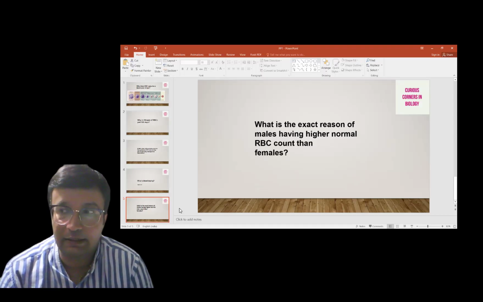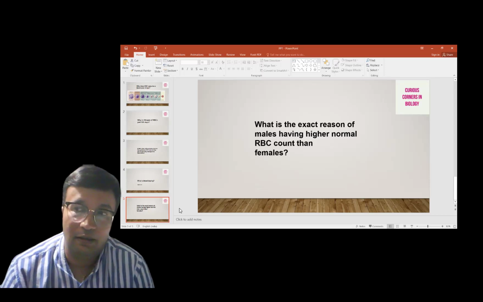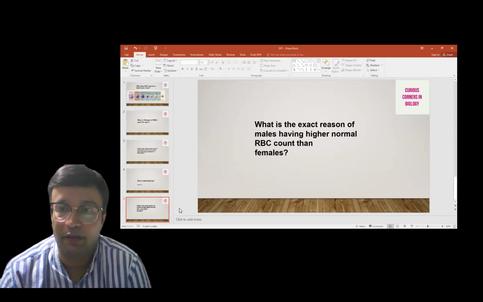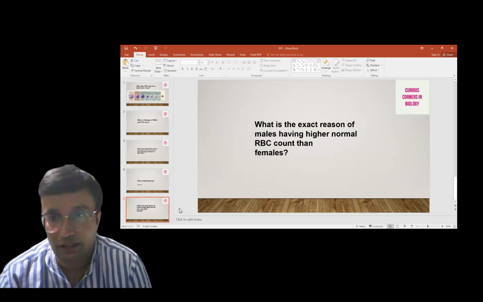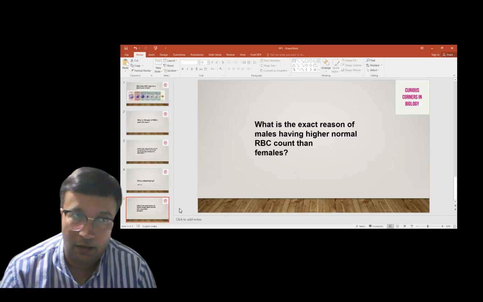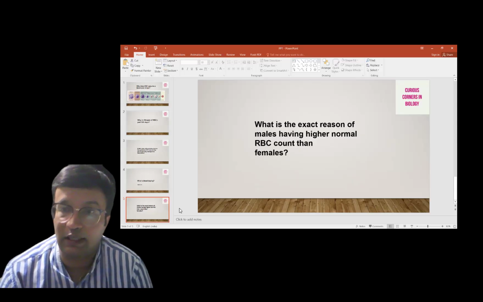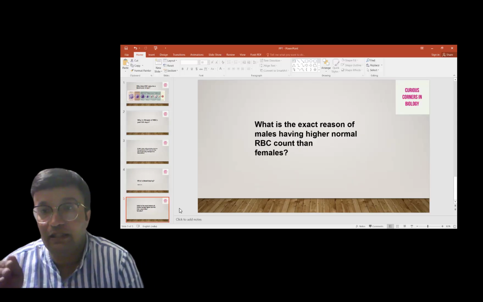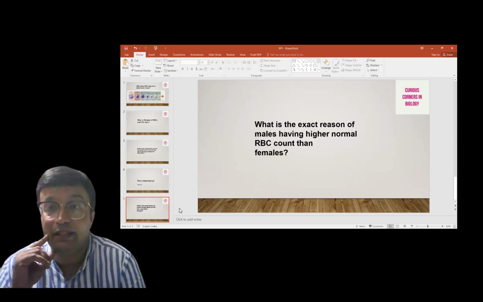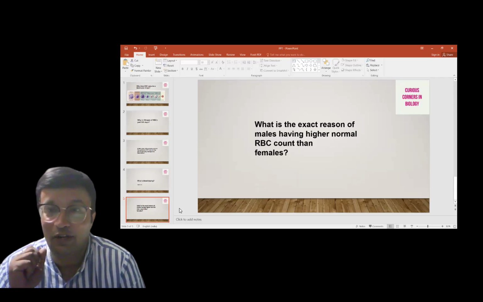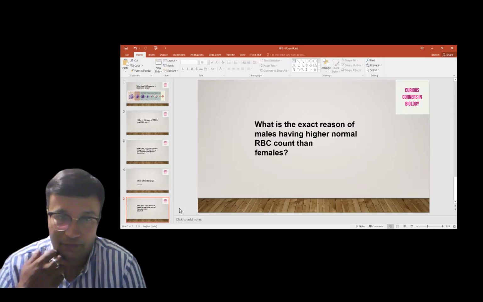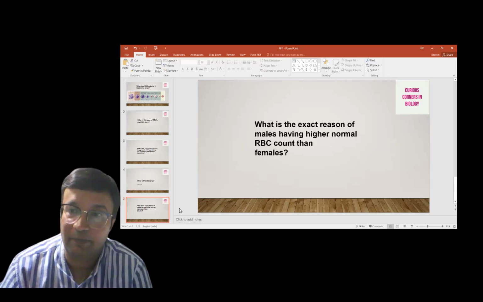So the answer is yes. The recipient's genetic makeup will change for some cells in bone marrow transplantation, but not for all cells. And this change is called genetic chimerism. Hope that answers the question.